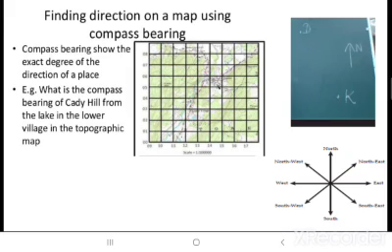In exams, when the topo sheets are given, they are taken back. So don't use your pen and make it shabby, because they have to be preserved for further use. Use a pencil and erase it, and let the sheet be very neat and clean when you return. So in this way, you can find the direction on a map using the compass bearing.